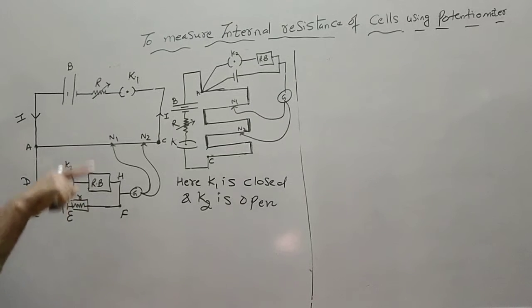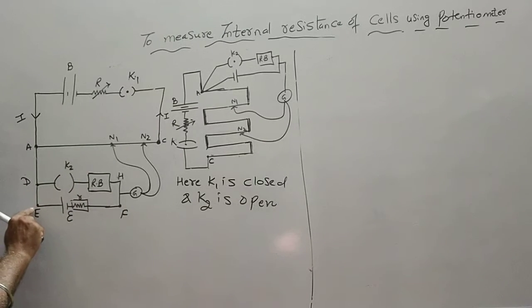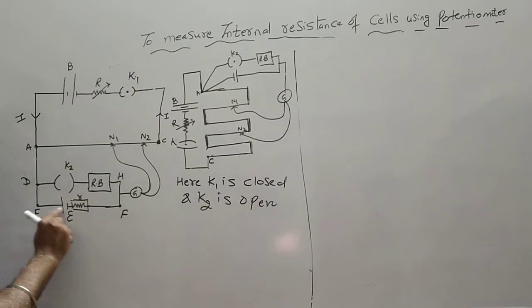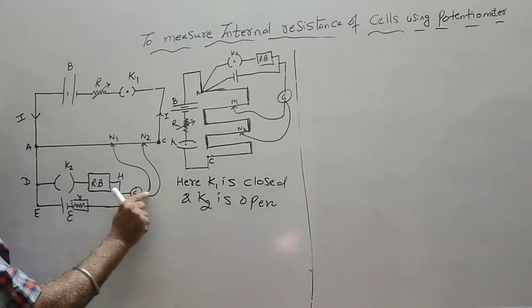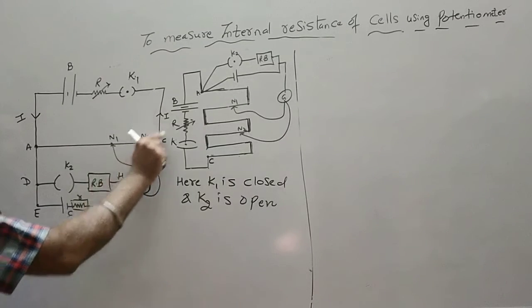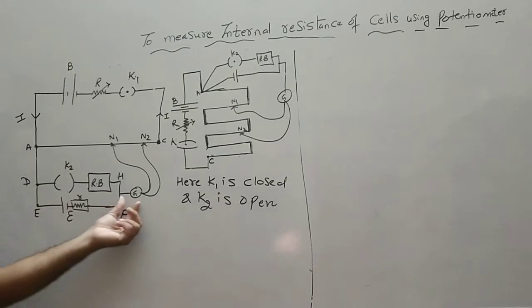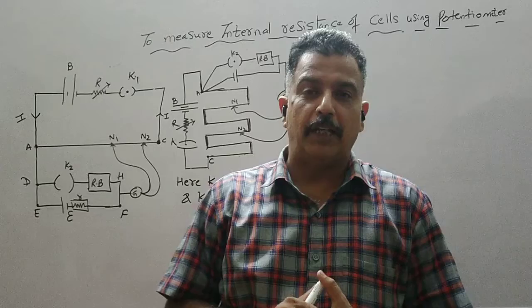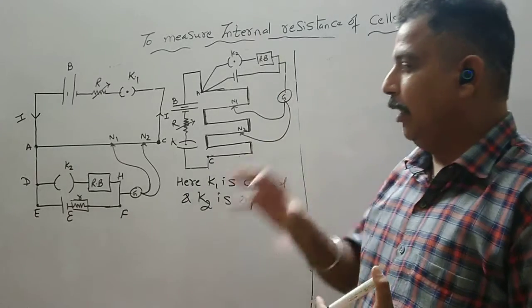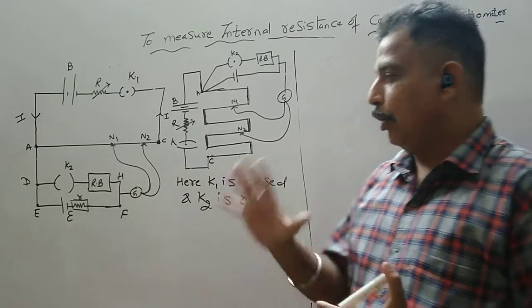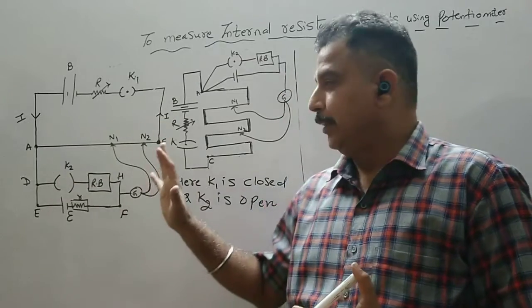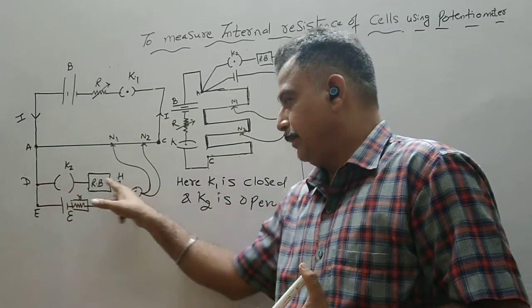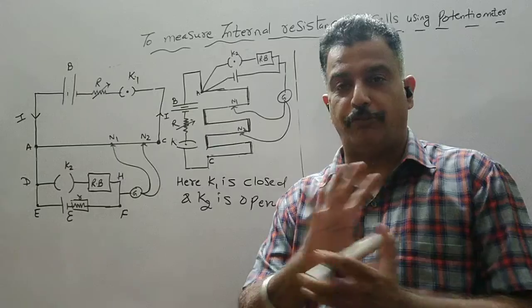Current always finds a closed path, so it moves to E. It flows through this battery, its internal resistance, from the galvanometer to a point, and then it goes like this. So the galvanometer shows a deflection, but you have to always find the null point. Now the null point is found, and because K2 is open, this DH portion is of no use.